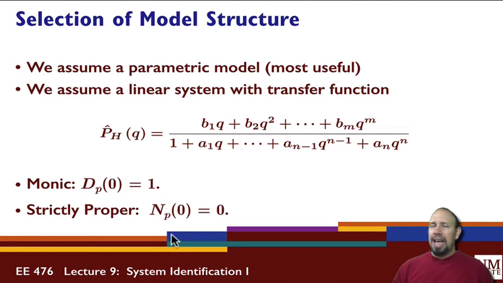We're going to assume that our plant is strictly proper, and we're going to look for coefficients b1 to bm and coefficients a1 to an. So that I have n coefficients in the denominator, m coefficients in the numerator. These two might not be the same, and so we keep it general that way. So this is the model that we're going to look at.